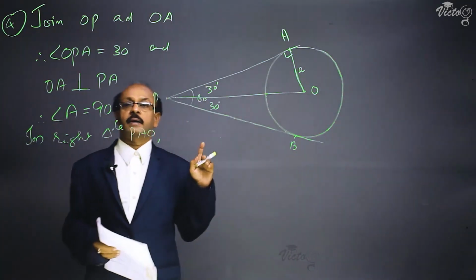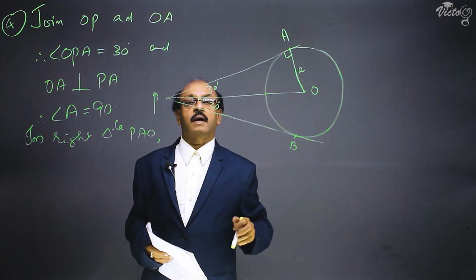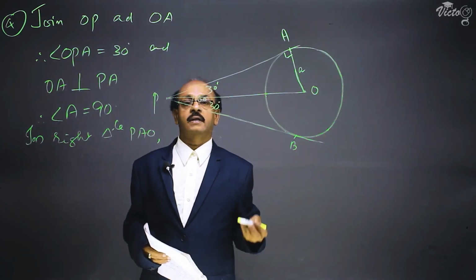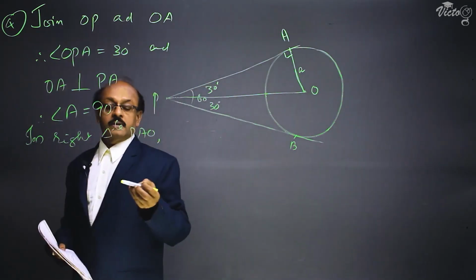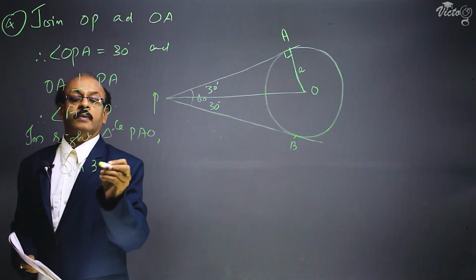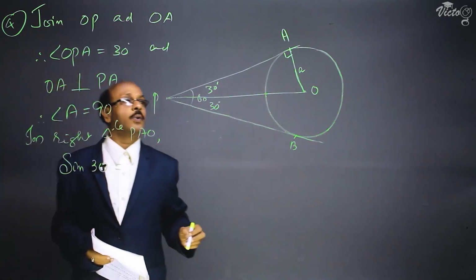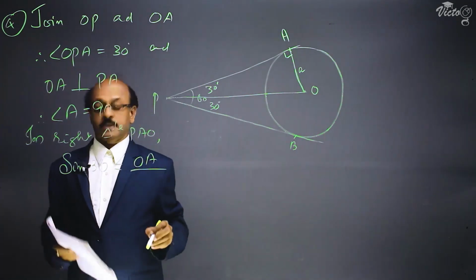Then remember the identity: opposite side by hypotenuse is sine theta. Here the angle is 30 degrees, so we have to take sine 30. Sine 30 is equal to opposite side OA divided by hypotenuse OP.